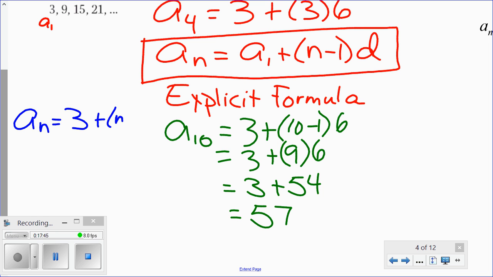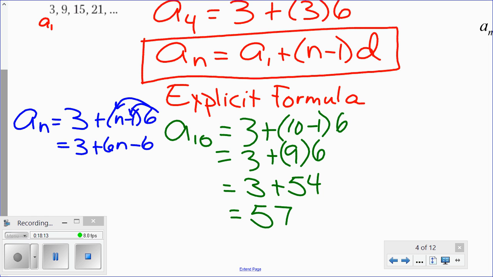We're going to take n minus 1, and we're going to multiply it by 6. I want to simplify this side. So what should I do to simplify? I can distribute my 6, right? 3 plus, let's distribute the 6, 6n minus 6. Right? Do I have like terms I could combine?